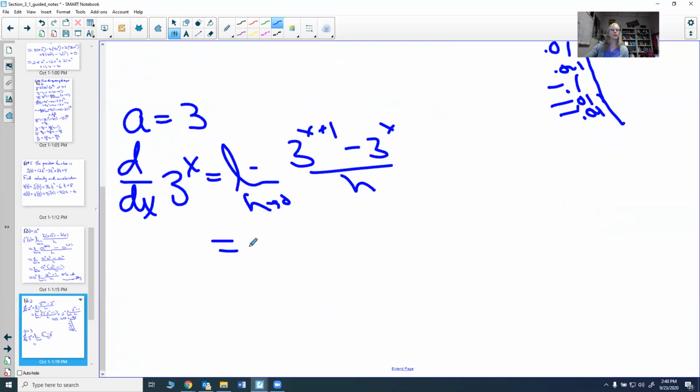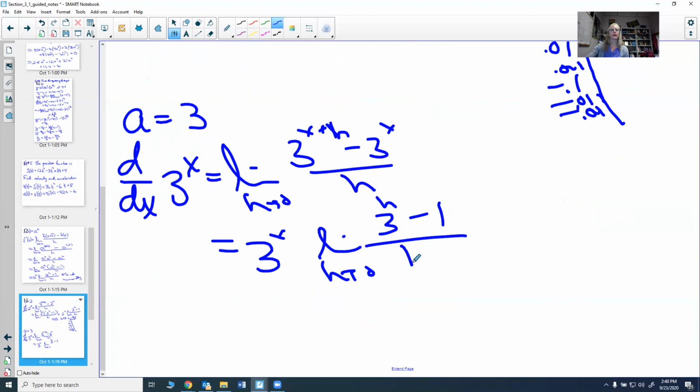You can see you're going to get a 3 to the x come out, and the limit as h goes to 0 of 3 to the h minus 1 over h. Again, numerically, I would set up a numerical table and find out what that is approximately. I find that it's approximately equal to 1.097.